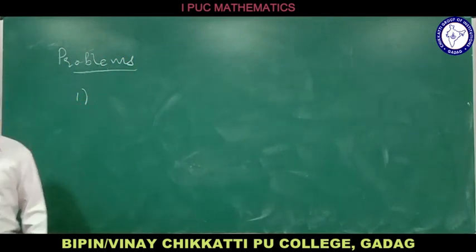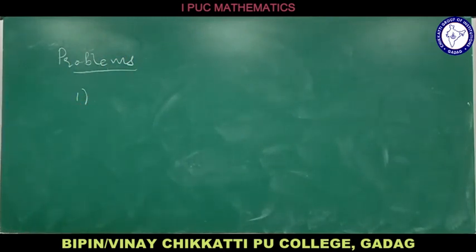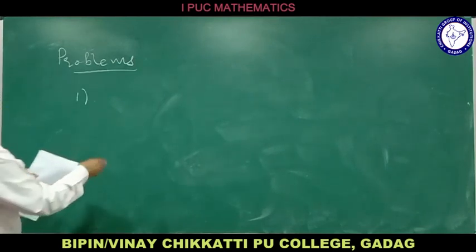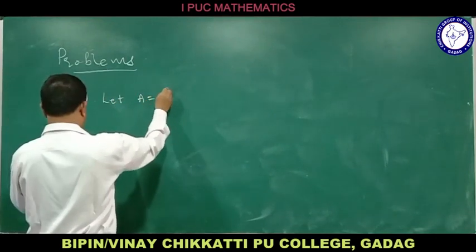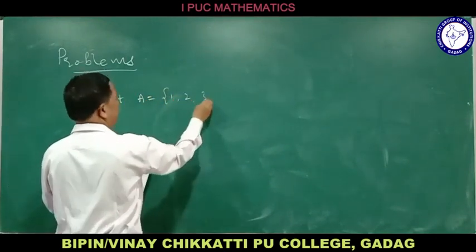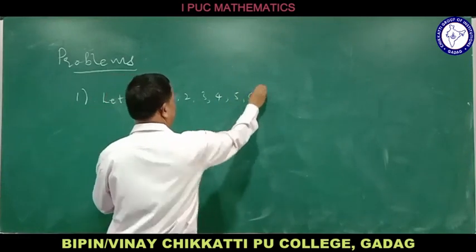First, to understand how we go about discussing the problems, and accordingly you can write it. See the first problem. Let A be equal to 1, 2, 3, 4, 5, 6.